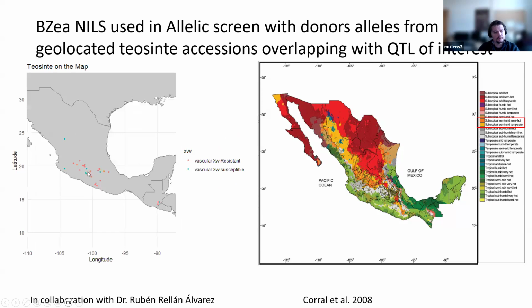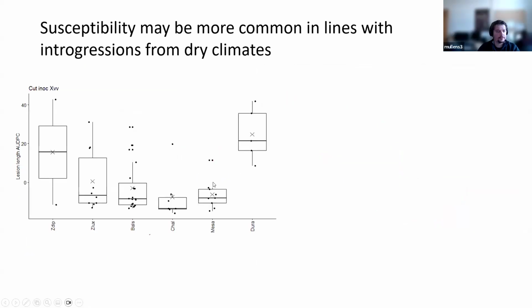It is the more northern individuals of that group that were susceptible, and then some other Mexicanas up here. I'll show that here. So we saw some susceptible individuals from every subpopulation.